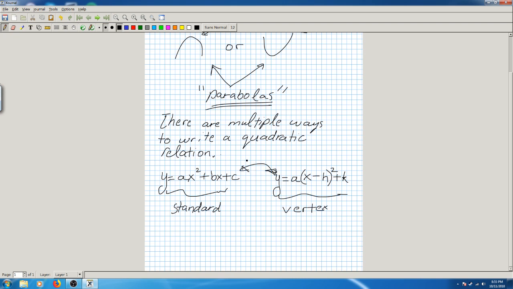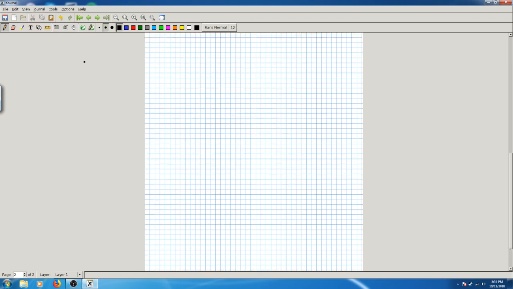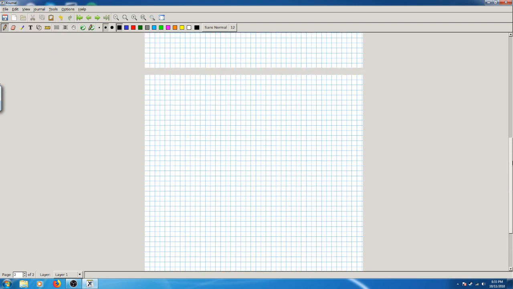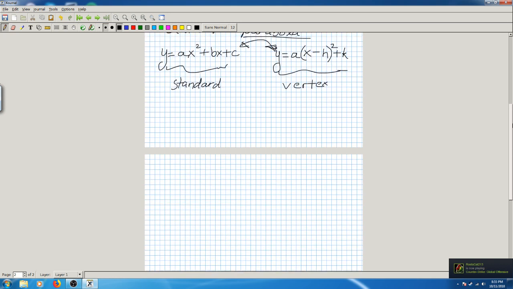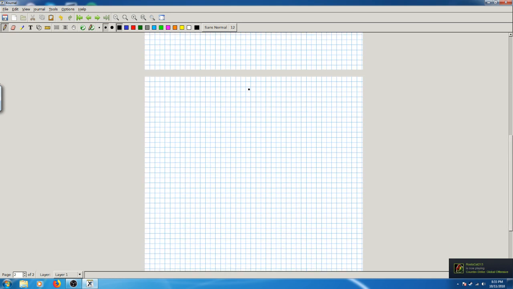It's still a parabola. They're just written in different forms. It's not a different concept, they both represent the parabola, just written in different ways.